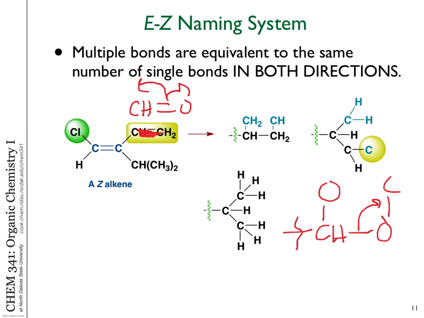So that's how we would imagine that group, a carbon or a CH, right? So multiple bonds to any kinds of atoms, we just think about breaking it and putting those imaginary atoms in when we try to think about these differences in the priority groups. All right?